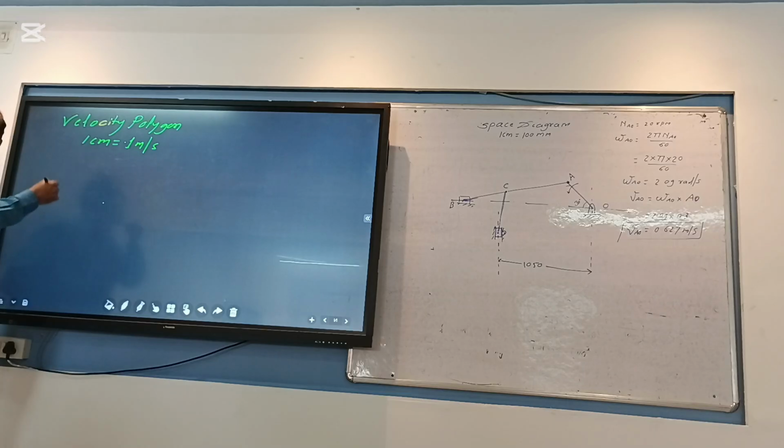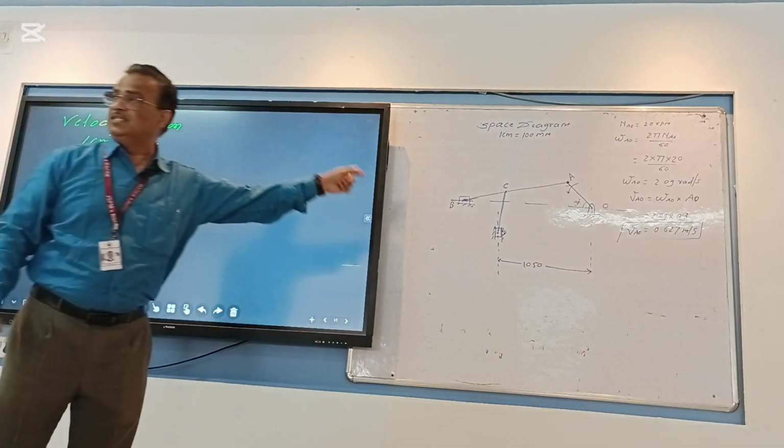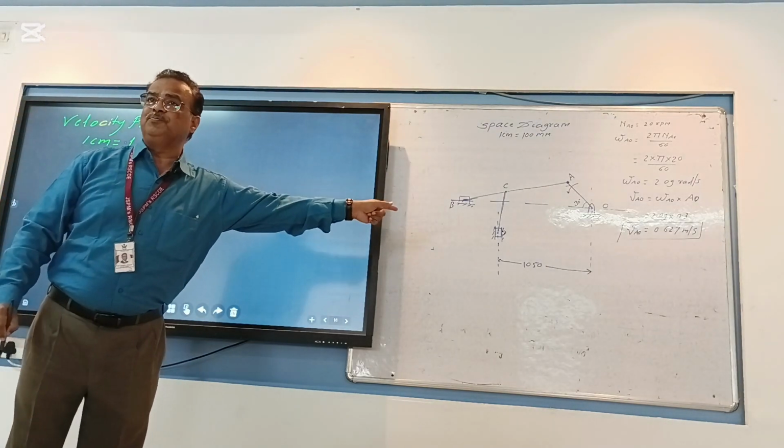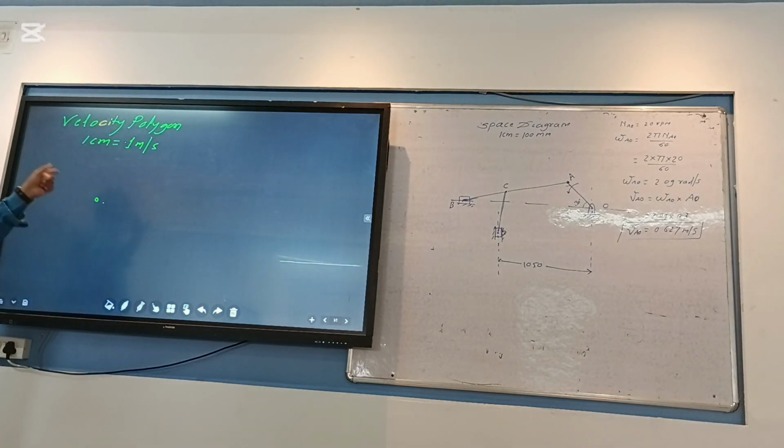Poles are showing the fixed positions of your space diagram. So in velocity, we are using the notation small p. Don't change the notations whatever you are using in the space diagram. So my fixed position is O, that I have shown by the single point, that is called a pole. Yes or no? चलो आगे बढ़ते.